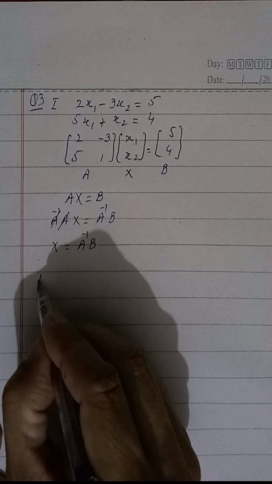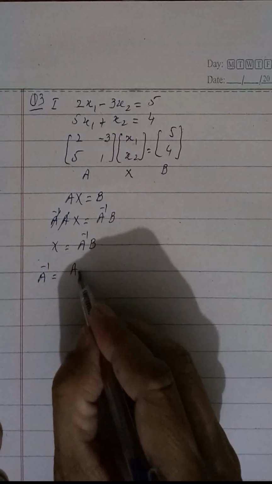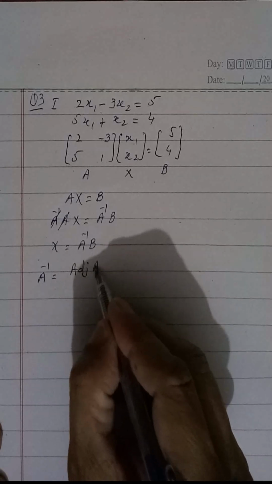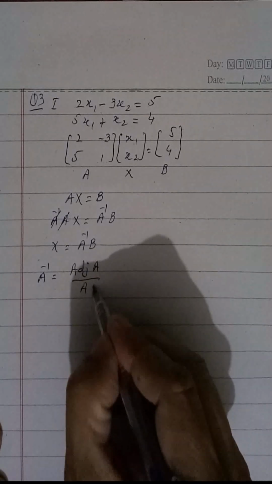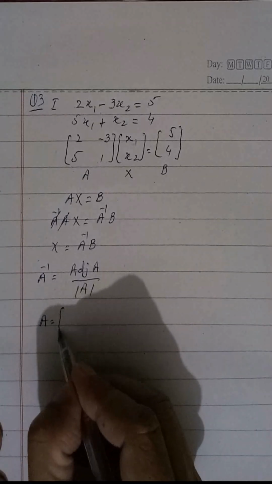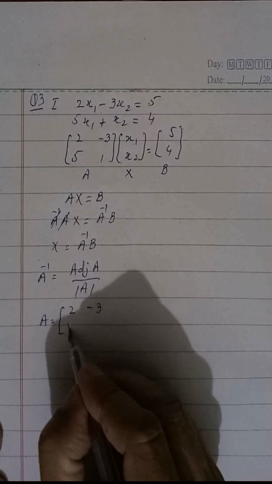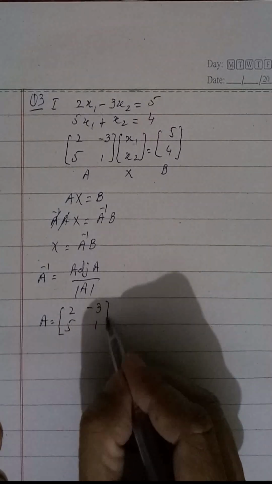Here A inverse is equal to adjoint A over A determinant. A is 2, minus 3, 5 and 1.